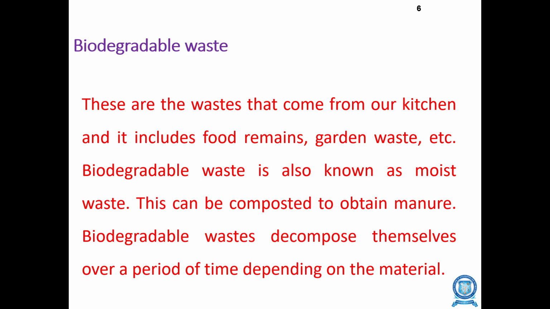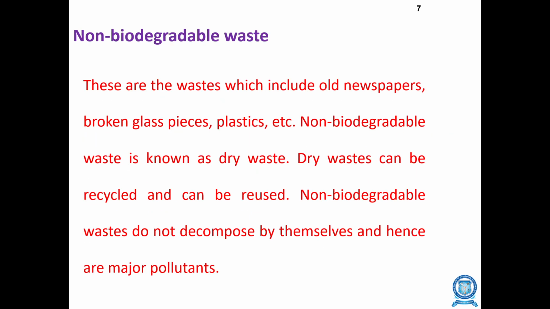Whether as farmyard manure or in biogas preparation and everything else, this plays a major role. Non-biodegradable waste, such as newspapers and broken glass pieces, we call dry waste. This can be recycled, but we have to come up with different processes so that we convert it into some useful matter. So it is a complete cycle.